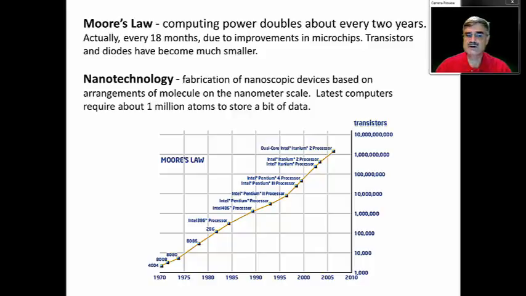And the latest computers require only about 1 million atoms to store a bit of data, either electronically or magnetically. So again, this graph shows different hallmarks of different processors and how they are increasing in essentially an exponential manner between 1970 and the present date.